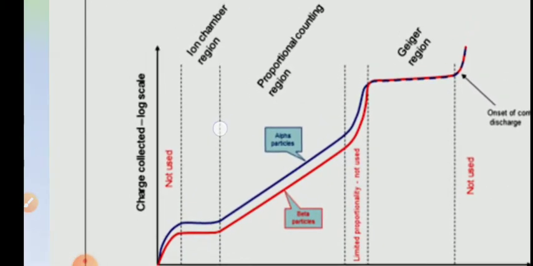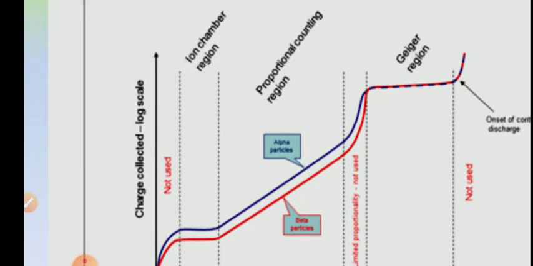The first region here is the ionization chamber region, where ionization chambers operate. Ionization chambers are not used in biochemistry today, but we need to understand this before we study the Geiger-Müller counter.